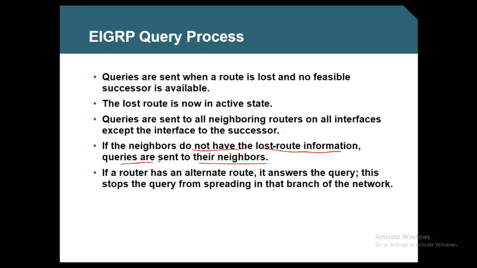In case one of the routers has an alternate route, it will answer the query. In that branch of the network, the query will not spread again, only when the answer for the query is known. If the answer is not known, then it will keep on going. You got it? So the depthness of topology is what we are seeing. There are too many routers involved in just one small change, which is not good.